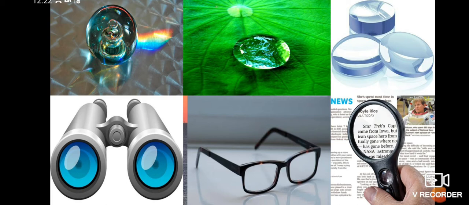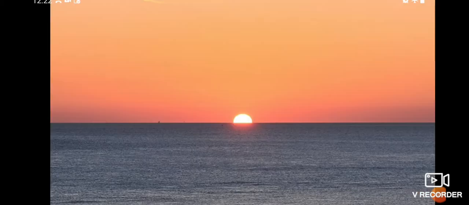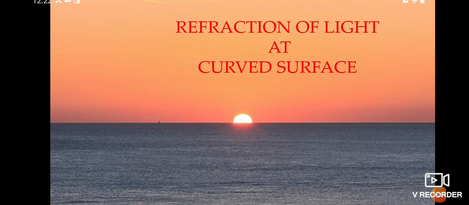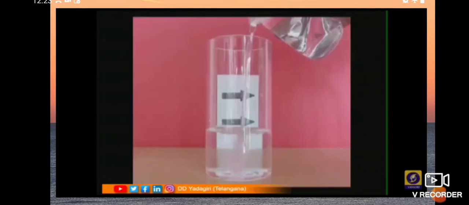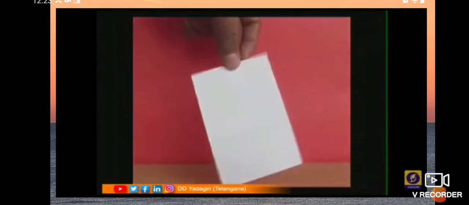So let us watch an activity, a beautiful interesting activity. Okay, are you ready? So we are going to learn the refraction of light at curved surfaces. Okay students, take a piece of paper and draw two arrows in the same direction.